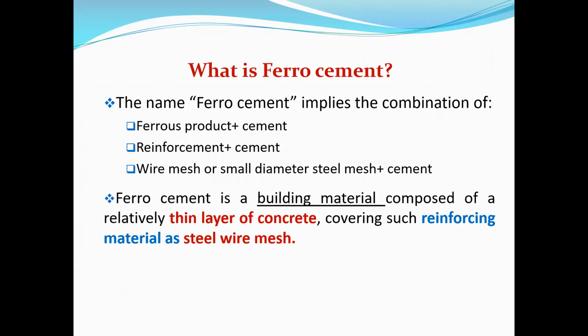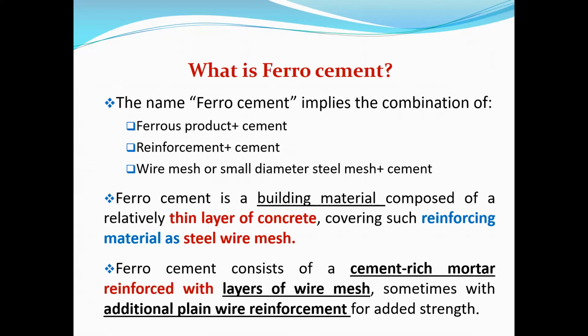So ferrocement is a building material. It is composed of a relatively thin layer of concrete which covers reinforcing material like steel wire mesh. So steel wire mesh is covered by a thin layer of concrete. That is called ferrocement.